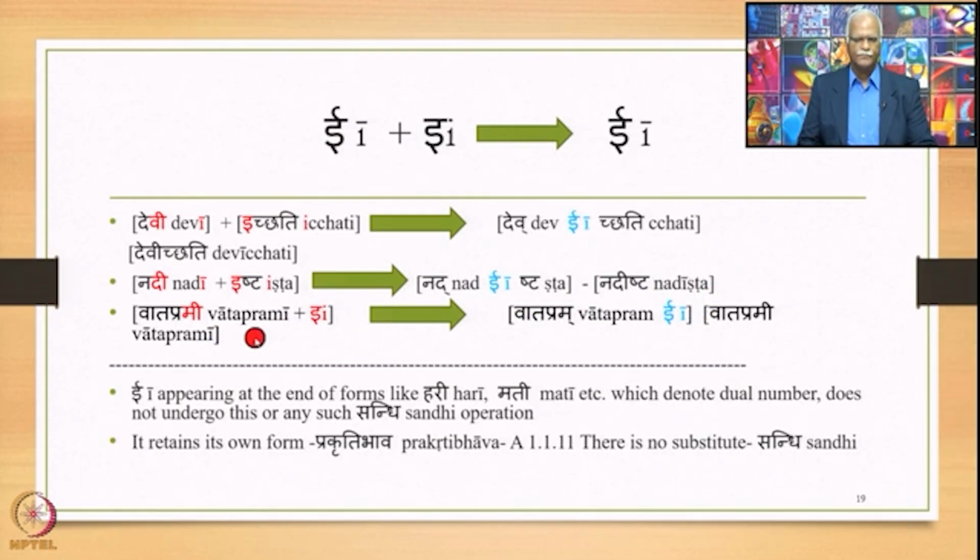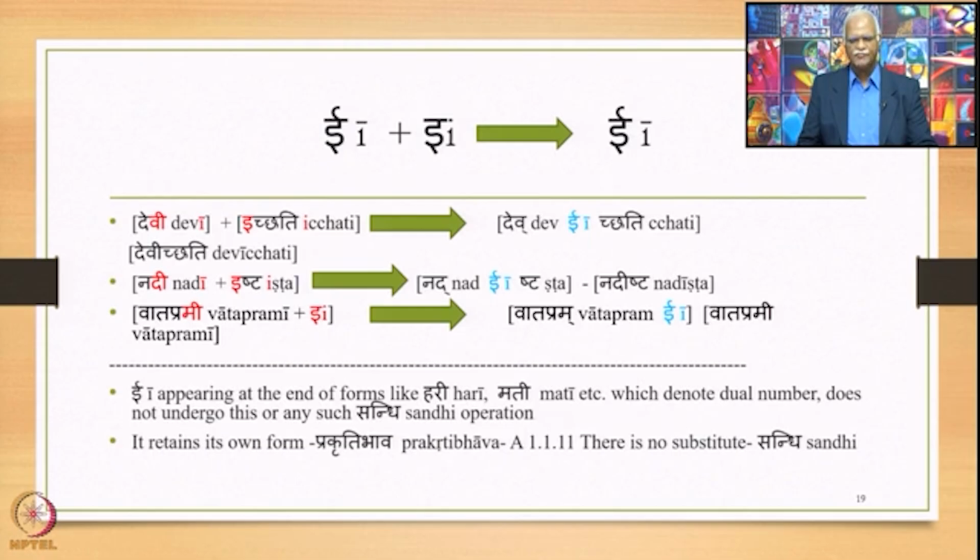Then we have the example within a pada where the word Vataprami is followed by E. This is the Saptami Ekavachana, locative singular. In place of both of them, we substitute the long E, and so we have Vatapram and E, so Vataprami. The word Vataprami is derived in two manners.